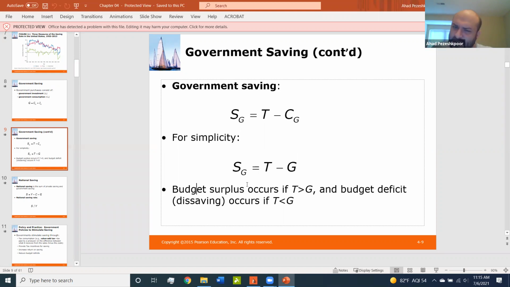And budget deficit is actually a much more natural thing than budget surplus. Budget surplus shouldn't really exist, because this could also mean overtaxation. Why are you taxing some people so much? You're not spending the money, get out, lower taxes.